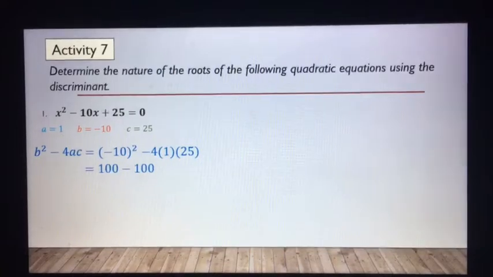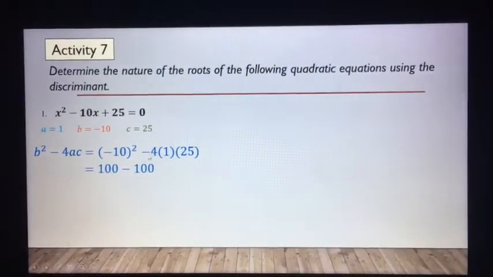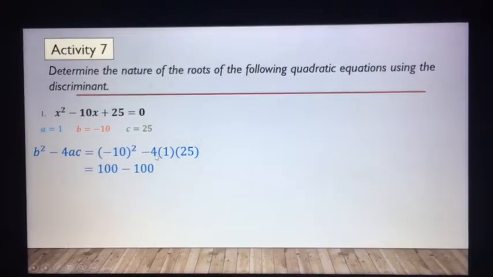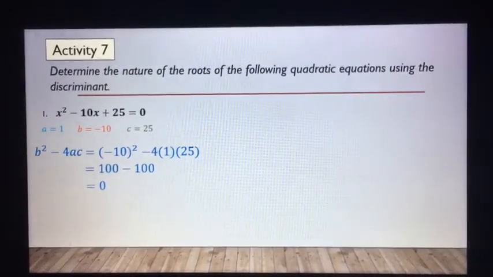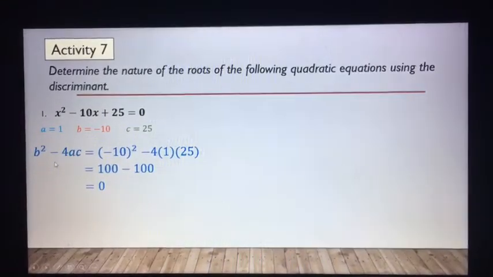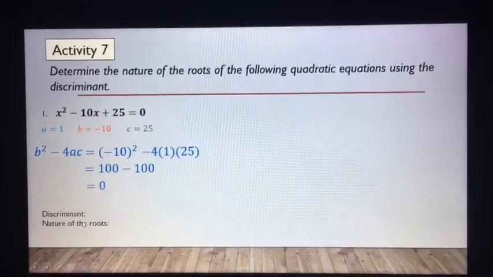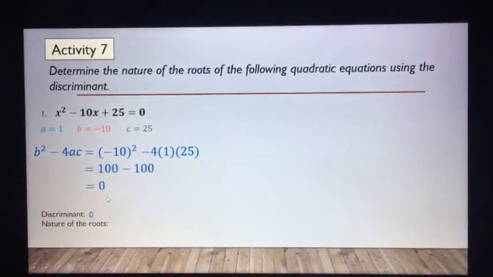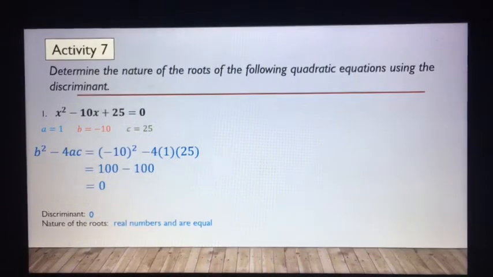So, negative 10 squared or negative 10 times negative 10 is 100 minus 4 times 1 times 25 is 100. And the answer is 0. 100 minus 100 is 0. So, recall natin, pag 0 nga ang value ng discriminant, what is the nature of the roots? So, ang discriminant natin dito is 0. Nature of the roots is real numbers and are equal.